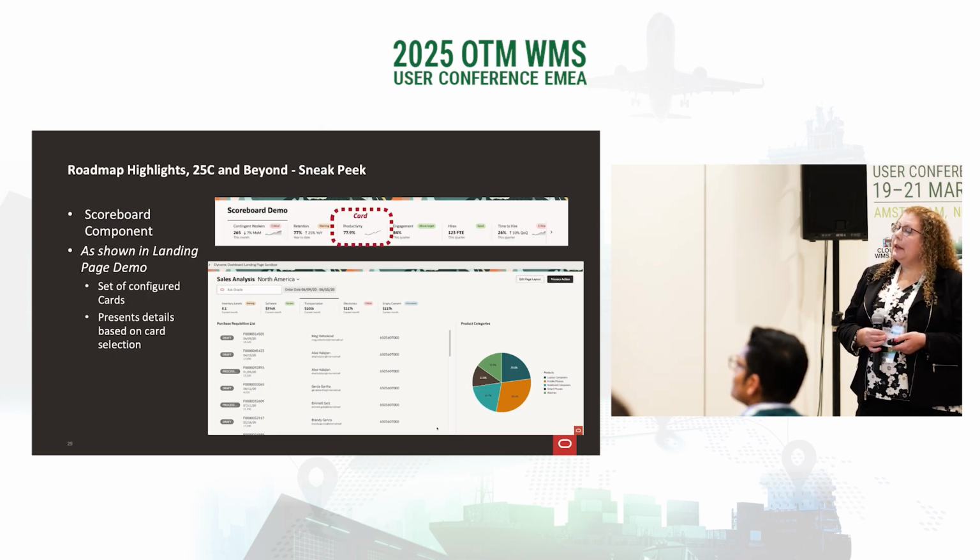And these look similar to what Brian showed, but these are ideally going to be capabilities within the Workbench itself. So we're looking to add the scoreboard component where you can establish different cards, and then upon clicking on one of those cards, other regions of the Workbench would present the relevant data. One of the things we've heard over the years is, how can I move my business monitor directly into a Workbench?